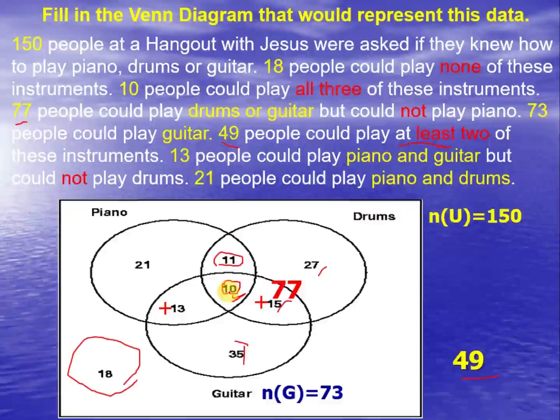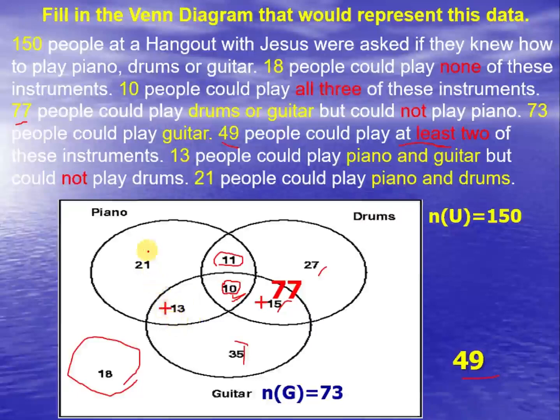Now, the next one says 13 people could play piano and guitar, but could not play drums. So you rule out drums. Those who could play piano and guitar, but they can't play what? Drums. So rule out the whole of drums, and the rest that are left, they say what? 13. So that's how come we have this 13 inside this place.